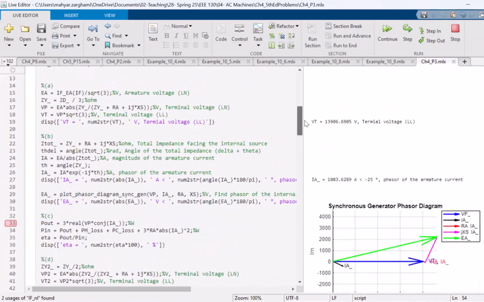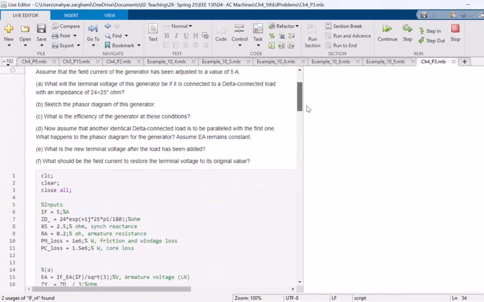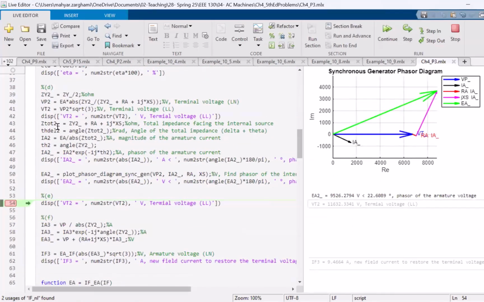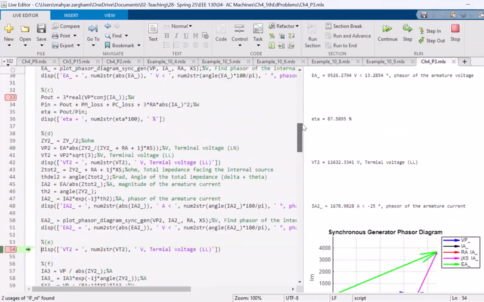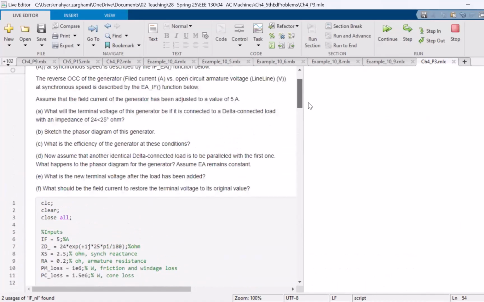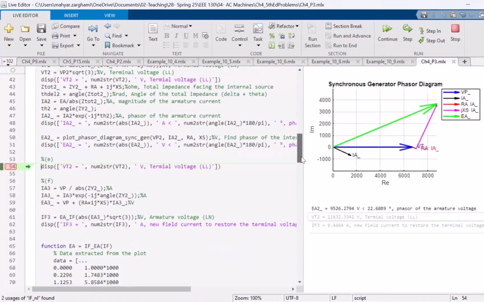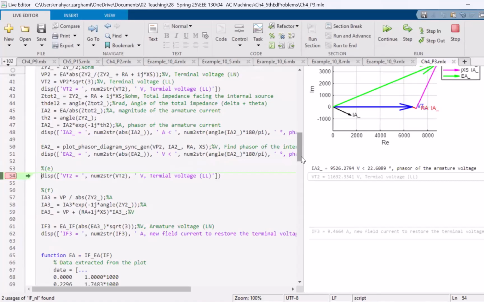And part E, what is the new terminal voltage after the load has been added? That was calculated in here already. And then finally, what would be the field current to restore the terminal voltage to the original value? So because you added the load, the terminal voltage decreased. You want to bring the terminal voltage back.